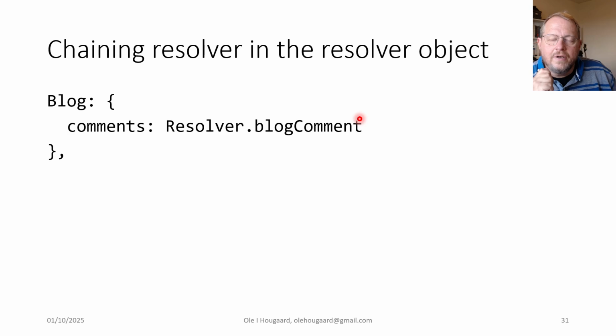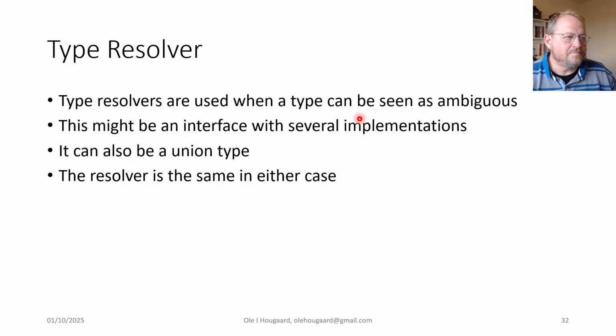And the other one is the type resolver that I did need, because a type resolver is something you need when a type can be ambiguous. So I showed you an interface that has two implementations. Now, if I look at data from this interface, then I would want to know, how do I know?